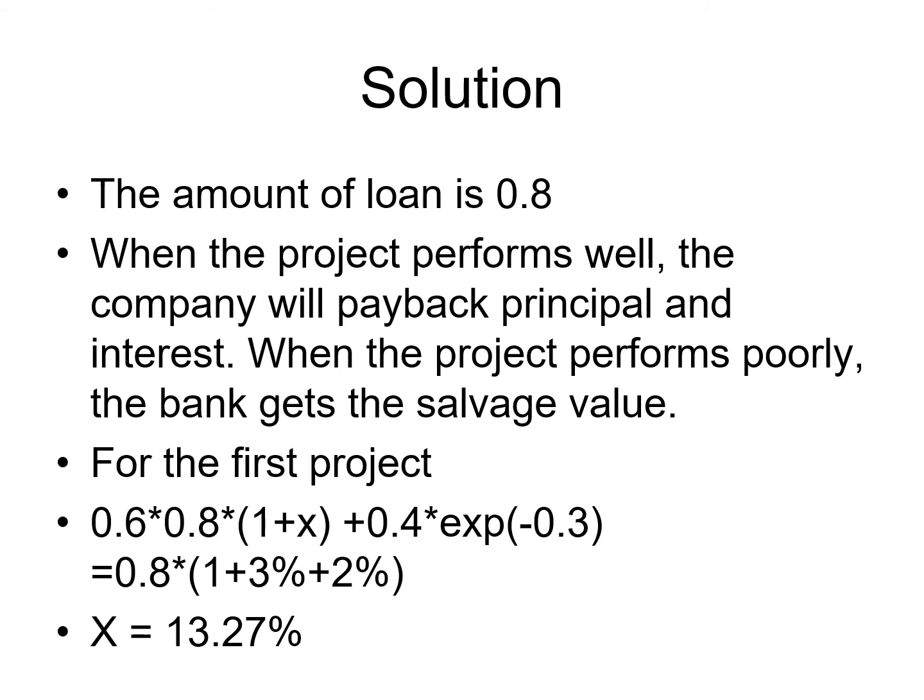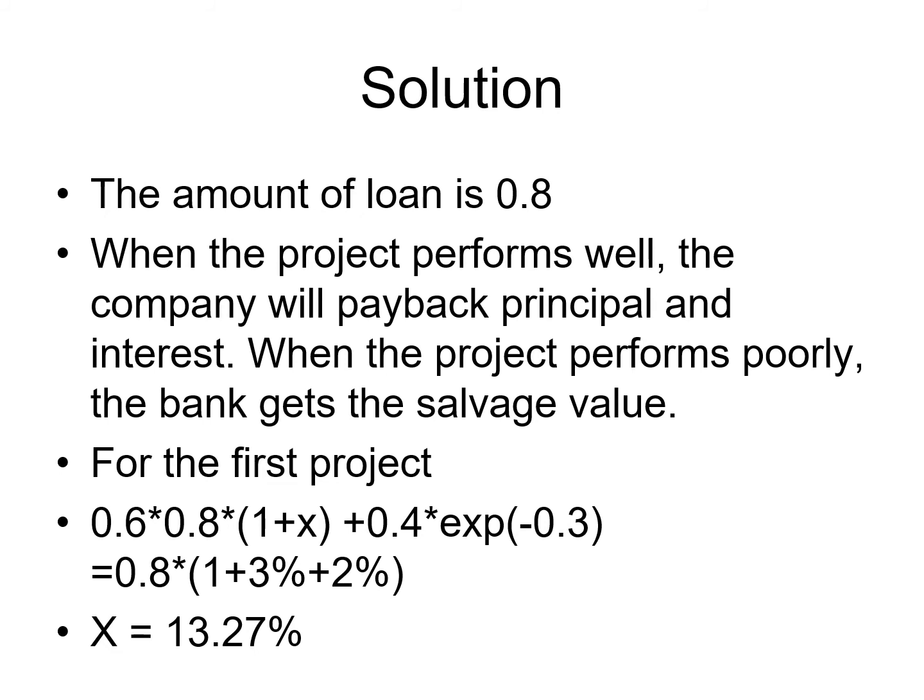When the project performs well, the company will pay back principal and interest. When the project performs poorly, the bank gets the salvage value. For the first project, the equation is 0.8, which is principal, times 1 plus x. Here x is the interest rate times 60% probability, plus exponential negative 0.3, which is the salvage value, times 40%.